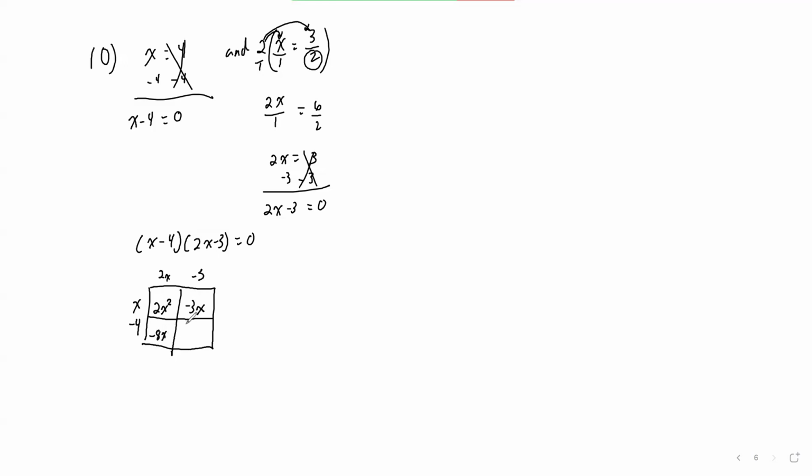Negative 4 times negative 3 is positive 12. So then I get 2x squared. Add these up. So negative 8 plus negative 3 gives me negative 11x. And then plus 12 equals 0. That would be your original equation. So that last question on your homework, they just want you to work backwards from everything that you have learned from chapter 12 and 13.